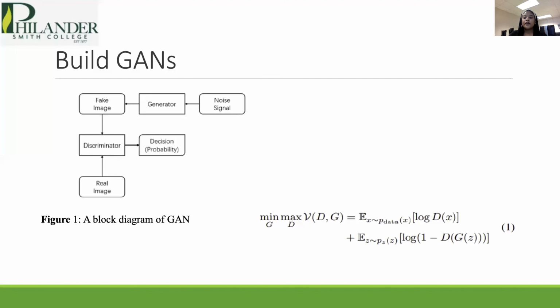The two-player minimax game between the discriminator and the generator can be expressed as the following value function. After sufficient training, the generator should be able to produce quite realistic images by using noise signals. Meanwhile, the discriminator's capability of distinguishing fake images from real ones will also be strengthened.